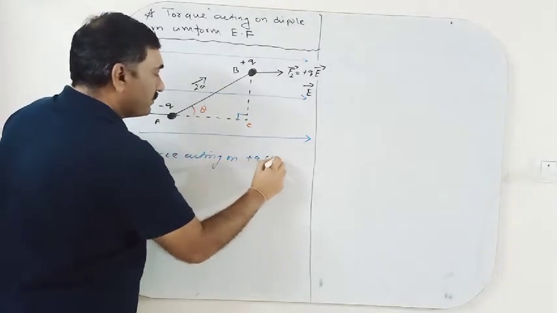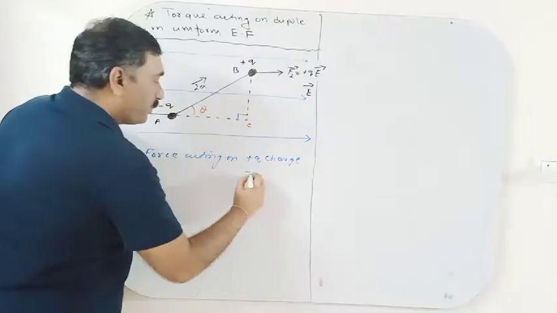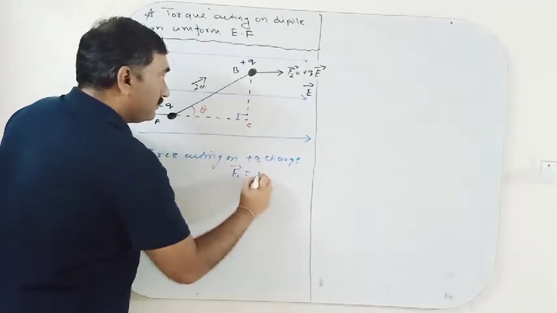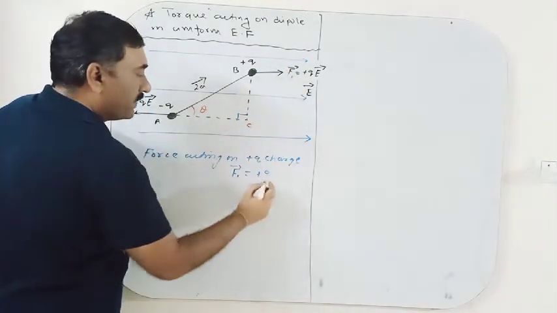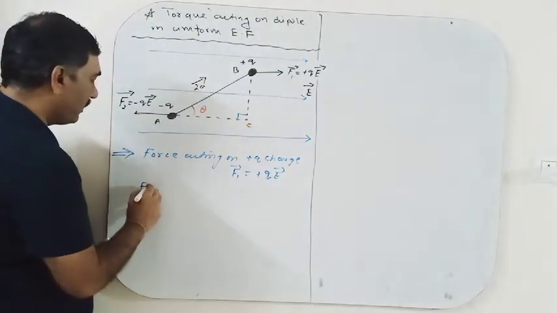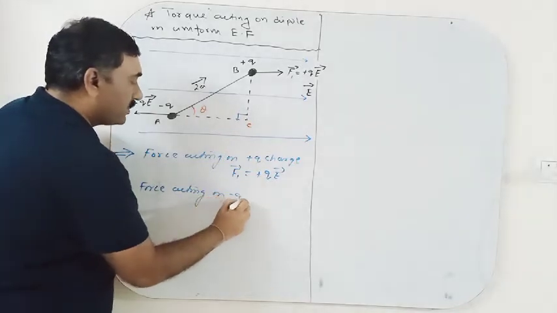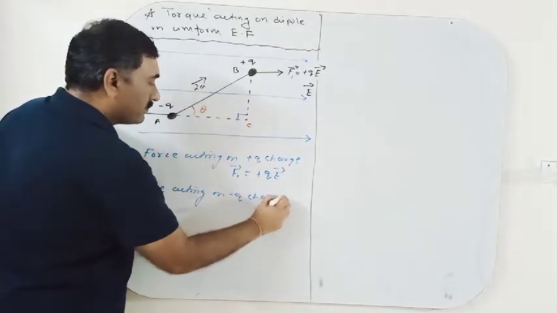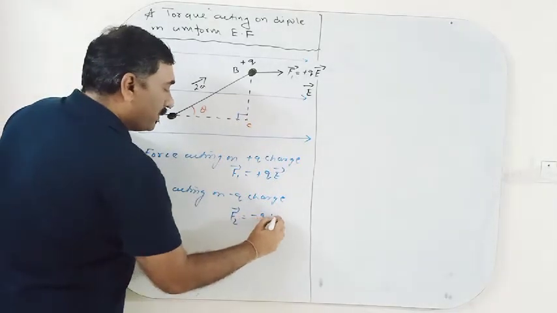The force acting on the plus Q charge is F1, that is plus QE. Similarly, the force acting on the minus Q charge is F2, that is minus QE.